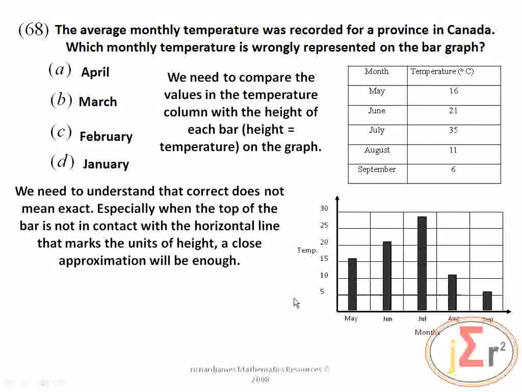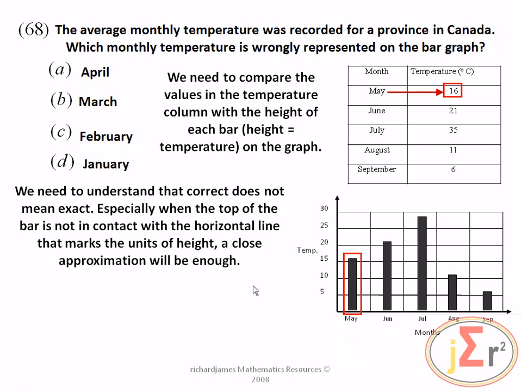We need to understand that correct does not mean exact, especially when the top of the bar is not in contact with the horizontal line. When the top of the bar is not in contact with the horizontal line that marks the unit of height, a close approximation will be enough.